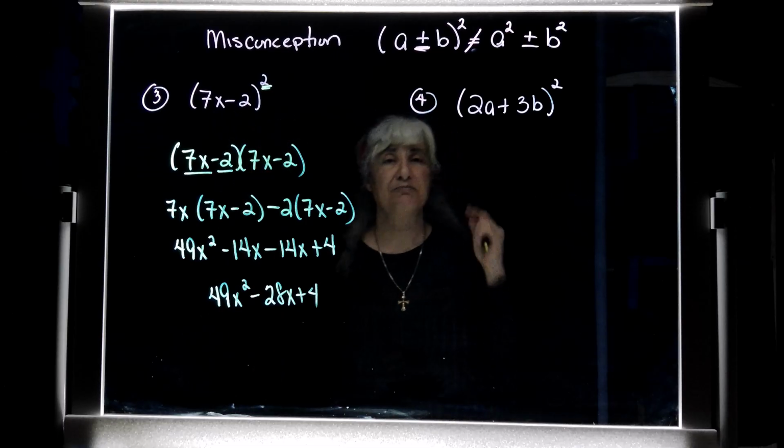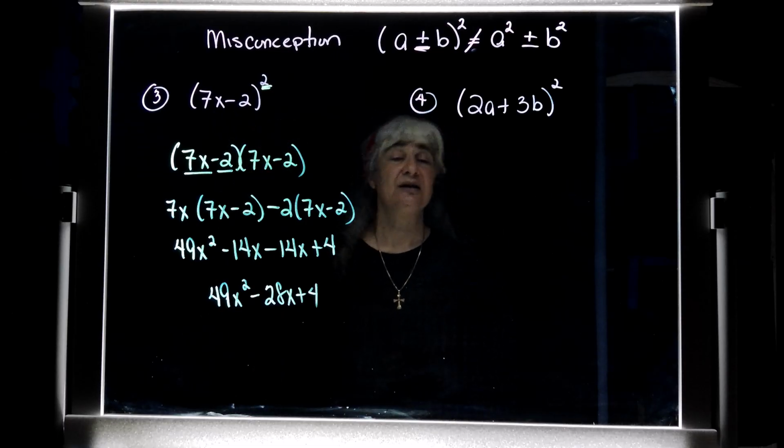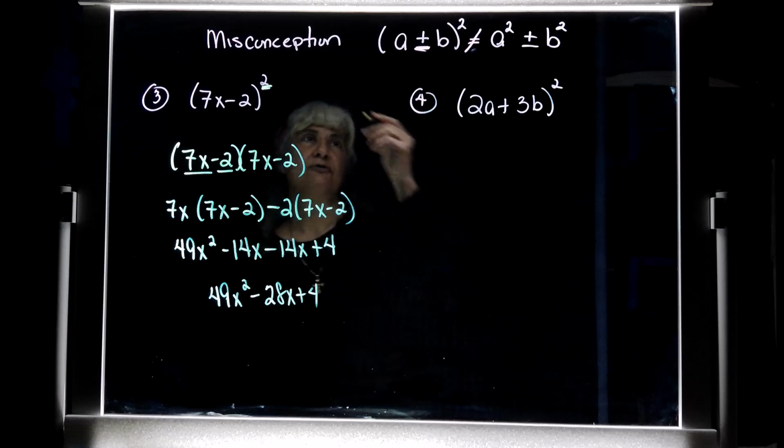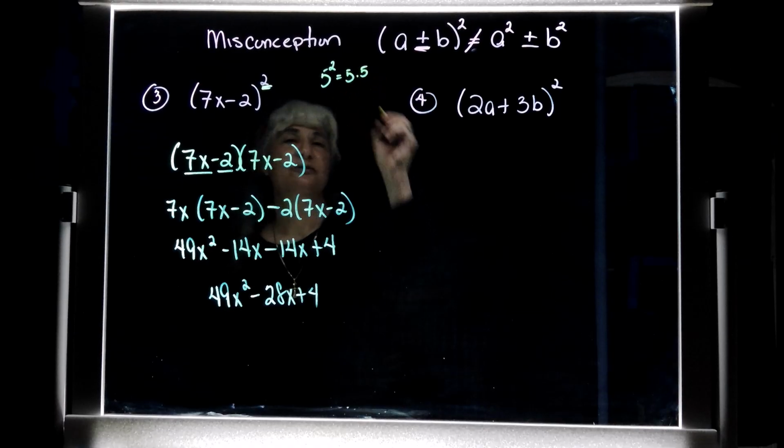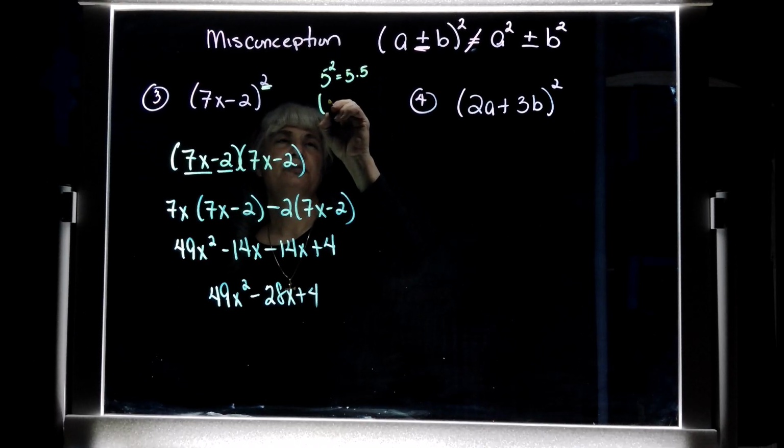Addition and subtraction make you do things the long way. Only multiplication and division allow you to, for instance, 5 squared, that's 5 times 5, right? Or maybe the better example is 5x, the whole thing squared.